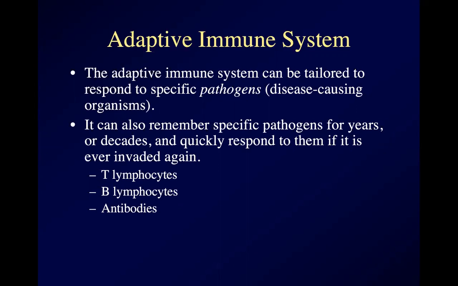Your adaptive immune system can be tailored to respond to only particular bacteria or viruses or what have you. And it can remember specific pathogens that you've been exposed to for years or even decades. And if the same pathogen ever invades again, the adaptive immune system can gear up very quickly and stop the pathogen before you're even suffering symptoms.